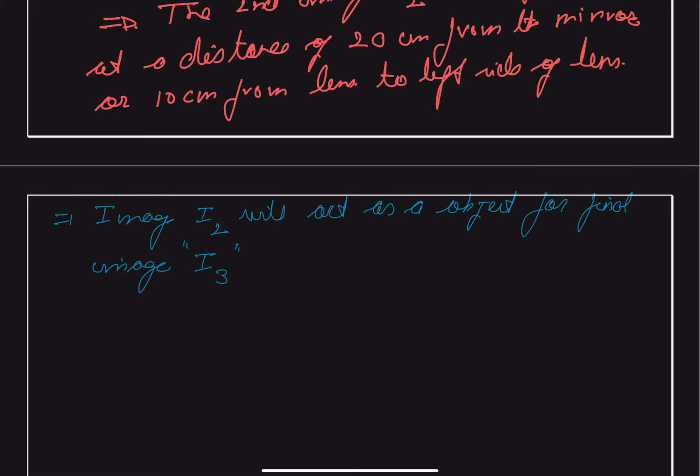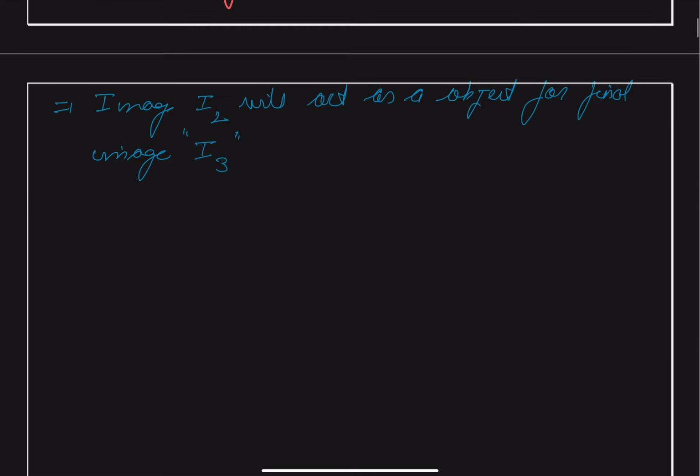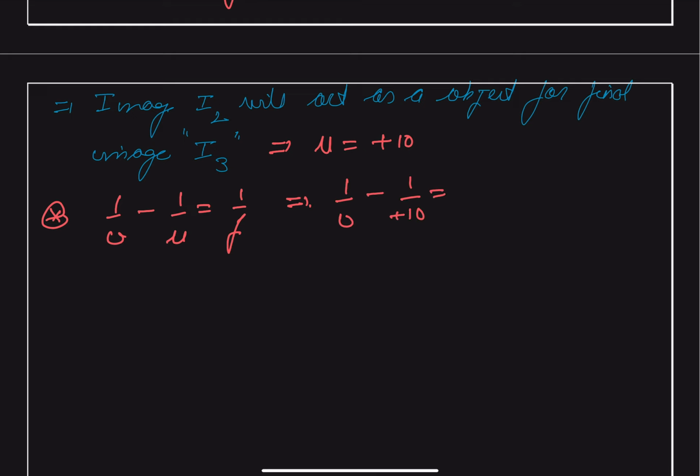And in order to find this I3, we can use the simple formula 1 upon V minus 1 upon U is equal to 1 upon F. And from here we can say that our U will be equal to plus 10. So this gives us 1 upon V minus 1 upon plus 10, focal length is 1 upon plus 15. So this gives us that V will be equal to 16 centimeters.